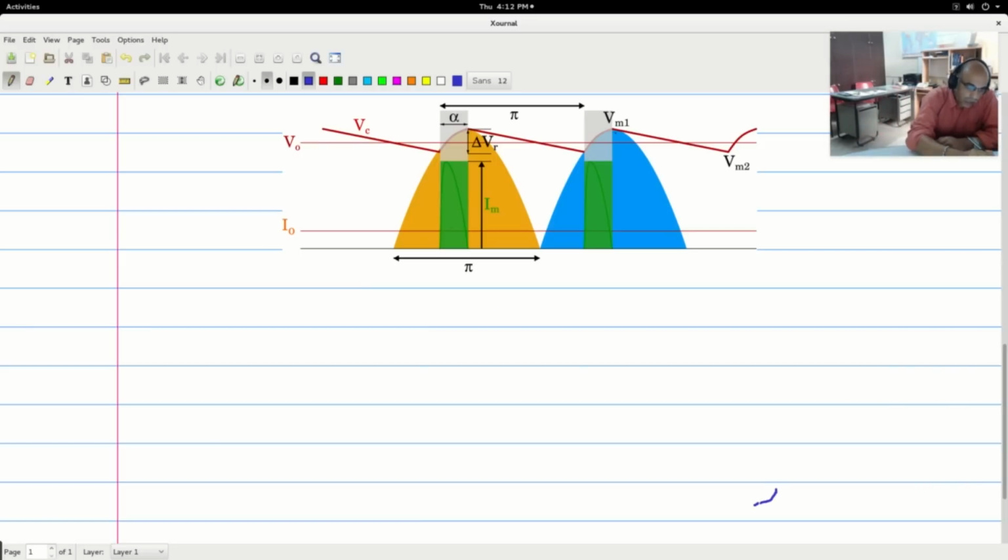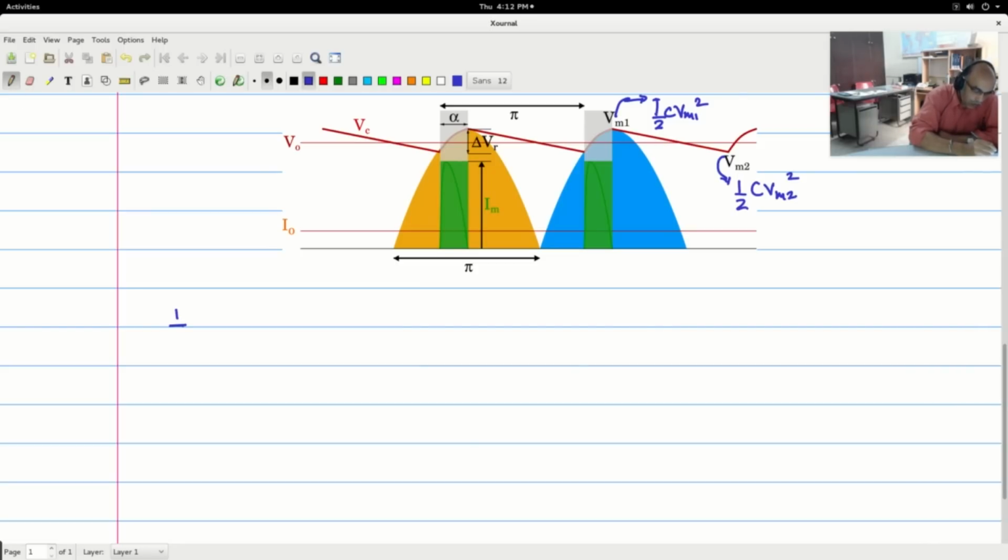So let me mark here, it is half C Vm1 square, and here it is half C Vm2 square. What is the difference?